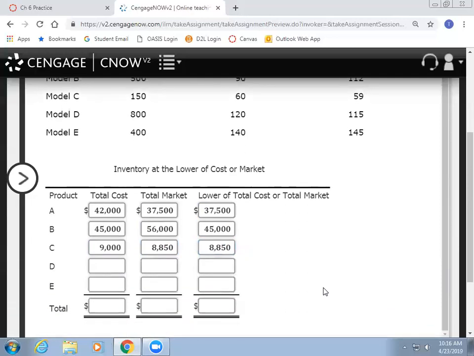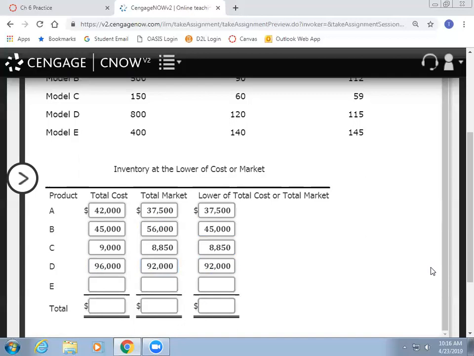On D, we have 800 times our cost of 120, so 96,000 total cost for D. The market value, 800 times 115, so 92,000. And of course that market value is the lowest.